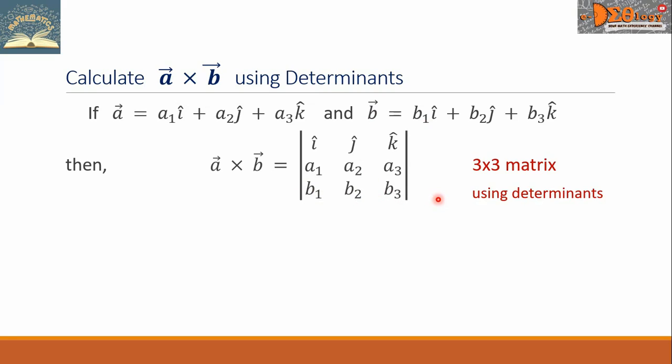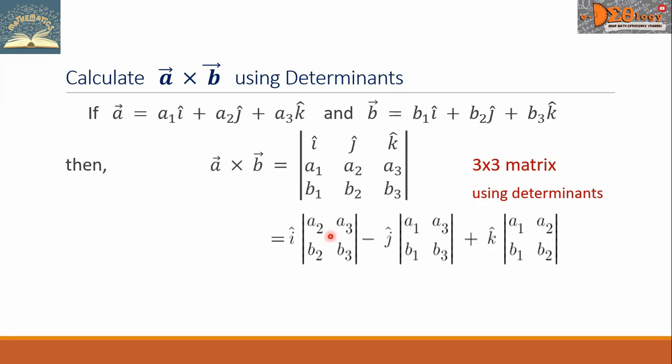Now using determinants, we will have this. This is element i multiplied by the square matrix a sub 2, a sub 3, b sub 2, b sub 3. Then minus the element j multiplied by the square matrix a sub 1, a sub 3, b sub 1, b sub 3. Then plus the element k multiplied by the square matrix a sub 1, a sub 2, b sub 1, b sub 2.